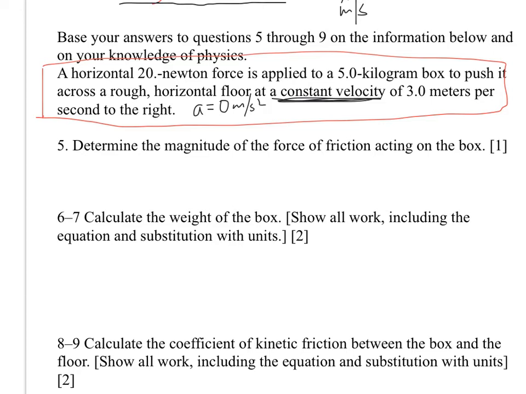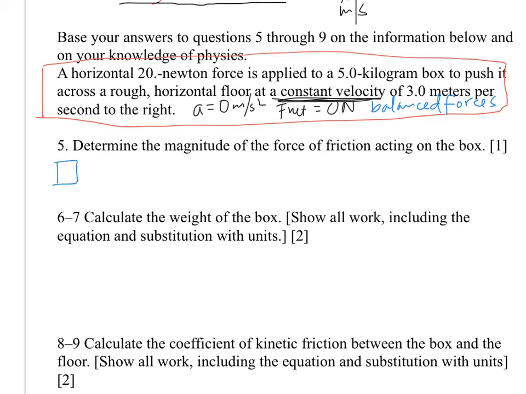And when we have a 0 acceleration, what does that mean about our net force? It's also 0. Why? Because now that means our forces are balanced. Balanced forces. So when we draw our free body diagram, let's draw it over here for number 5.